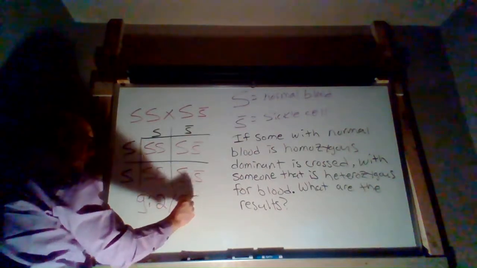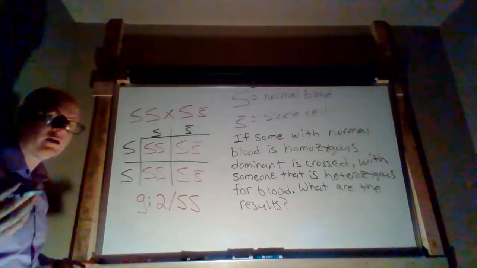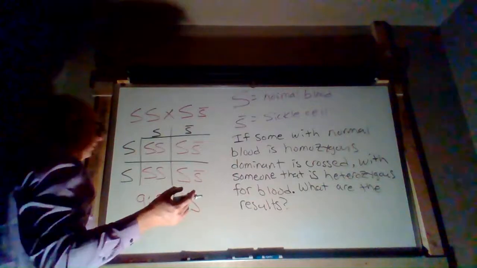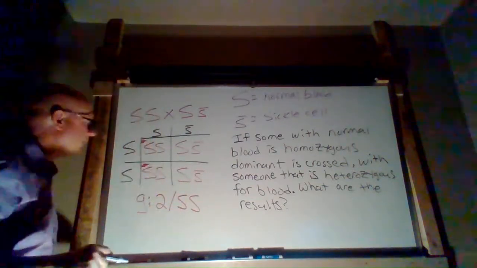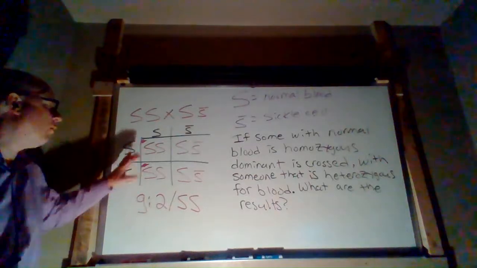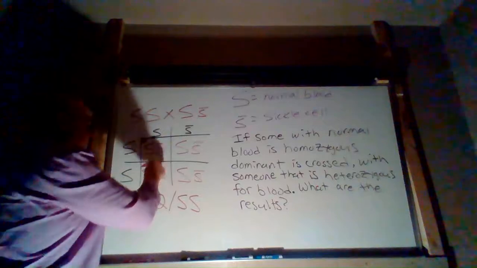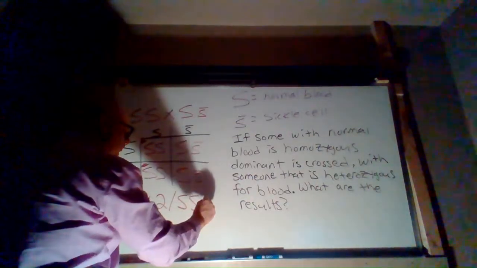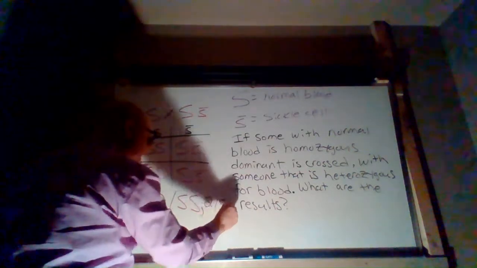Big S and big S. Sometimes when we get to these 4x4 crosses or squares, those get to be a little more tricky. What you might want to do is put a little zigzag squiggly line in there. That way you know you won't do the same square twice. So now we've accounted for two of them. We've also got two big S and little s.